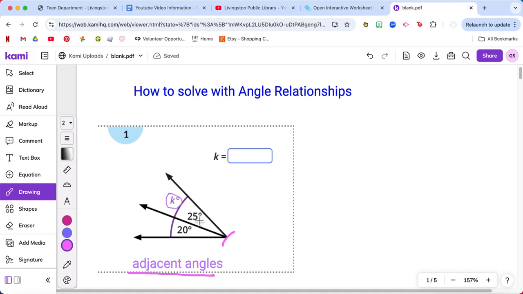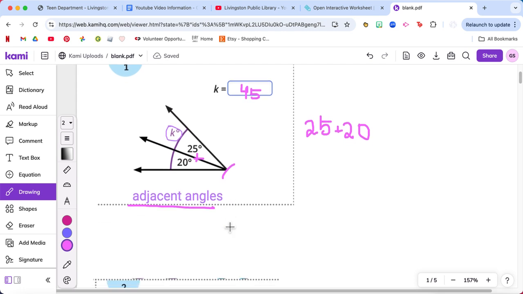So we're going to add up 25 and 20, and that will equal k, because k is the total of the adjacent angles. So 25 plus 20, that's obviously going to equal 45. You can put that in your calculator. So k will equal 45, and adjacent angles share a common vertex.